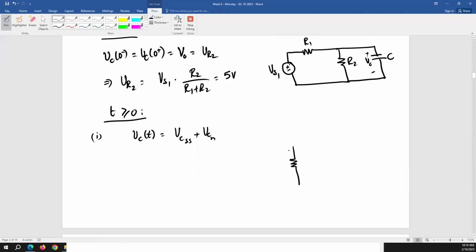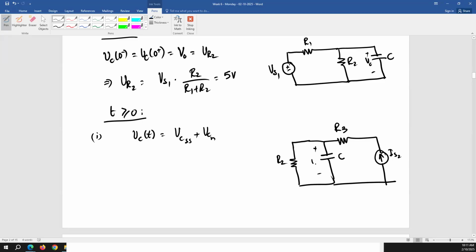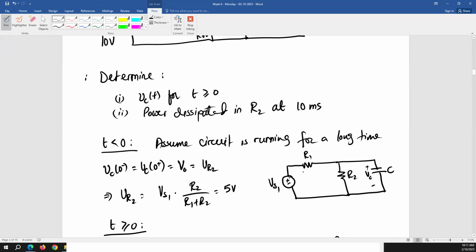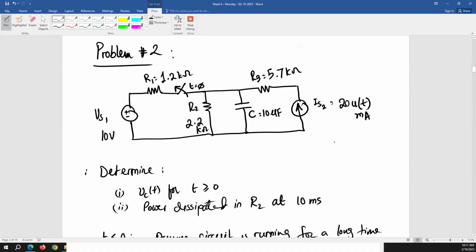So R2, capacitor, R3 and source. This is your circuit for t greater or equal to 0.